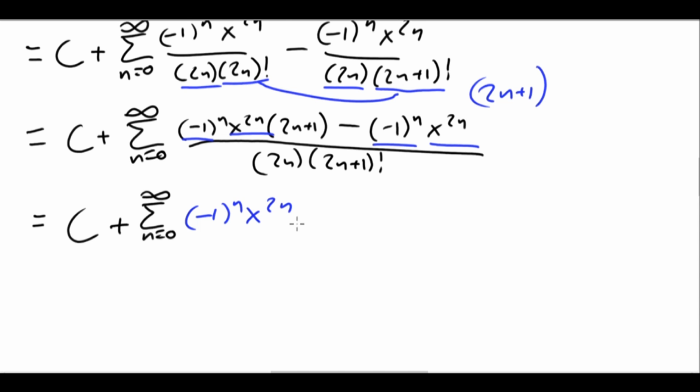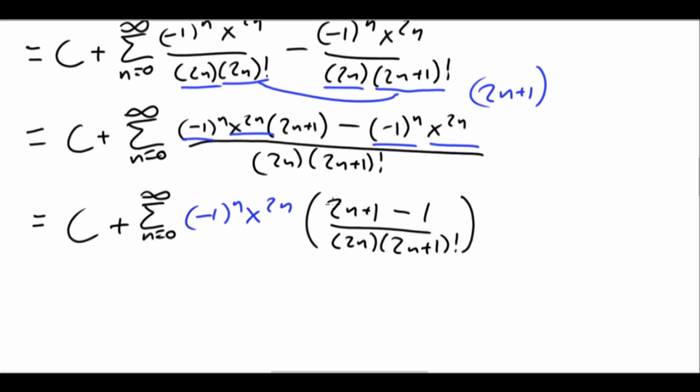So we have negative 1 to the n, x to the 2n. And let's figure out what we have left. Here we're just left with a factor of 2n plus 1, and here we're just left with a factor of 1, since we've factored out everything except for that 1. All of this divided by 2n times 2n plus 1 factorial.